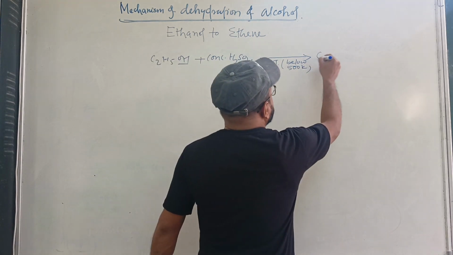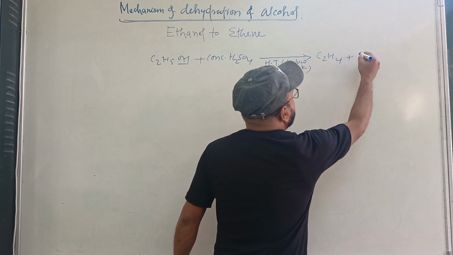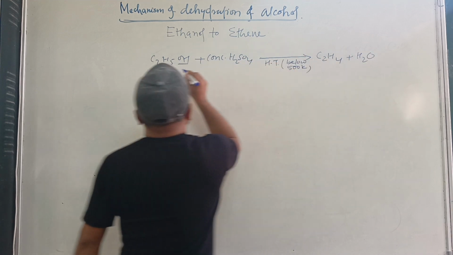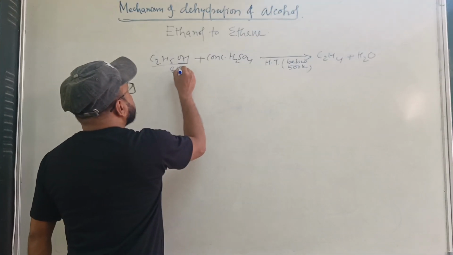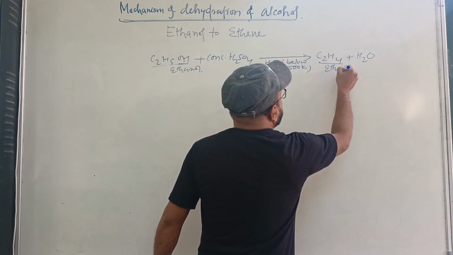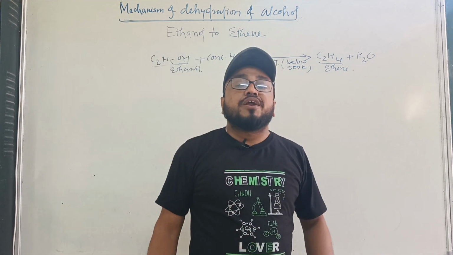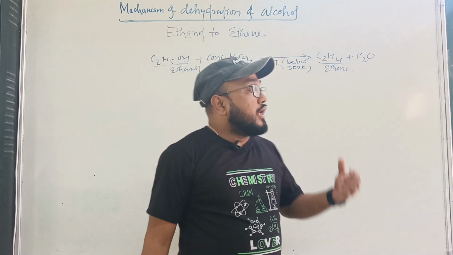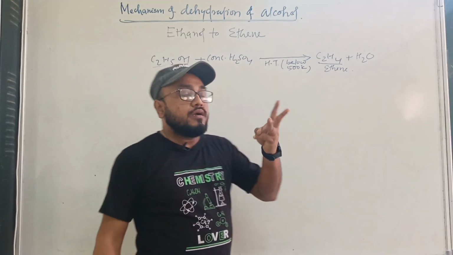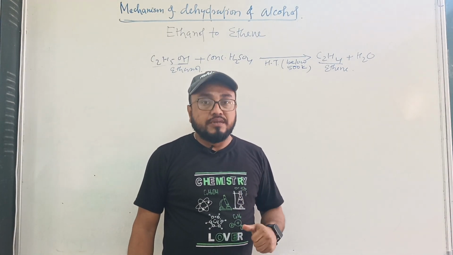The result is ethene, along with removal of a water molecule. This is ethanol, and this is ethene. For this, how many steps are involved as a mechanism? In this mechanism, there are generally 3 steps involved. One by one, I am going to discuss.